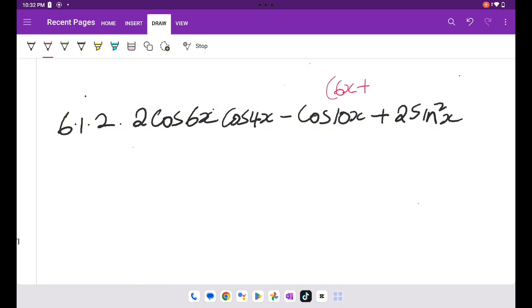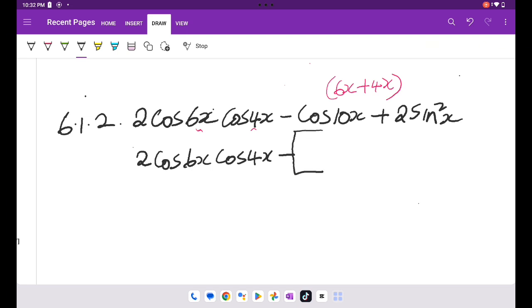Right, here we can rewrite this 10x as 6x plus 4x, so that we are guided by this 6x and 4x here because it's a 10x, and then we can now expand there. So we are going to have 2 cos 6x cos 4x minus, now we need to be careful here because we are subtracting more than one term, so we need to put it in a bracket.